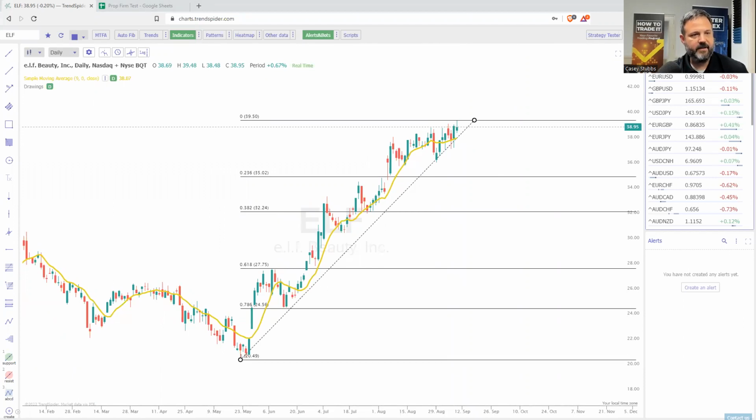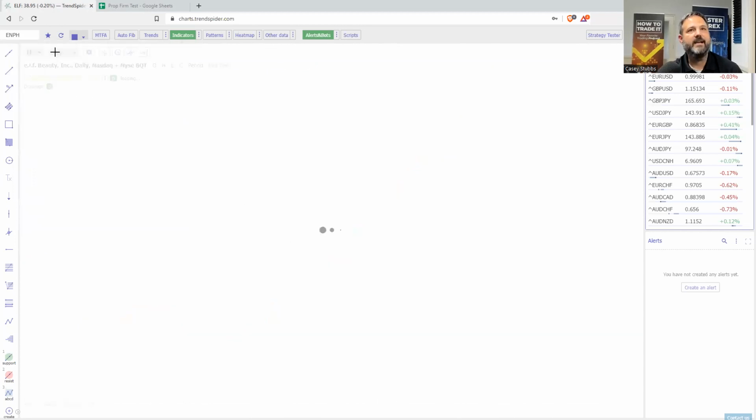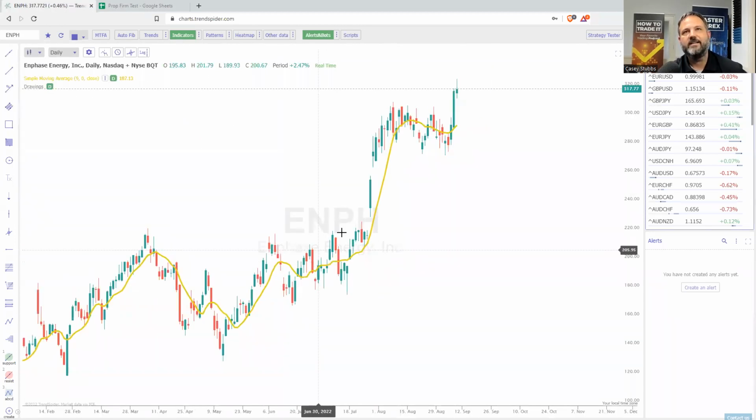Okay. Another one that I'm looking at as far as a really strong one that has moved pretty good is ENPH. Okay, and so if we look at this one, we had a big breakout yesterday, a big, huge move.